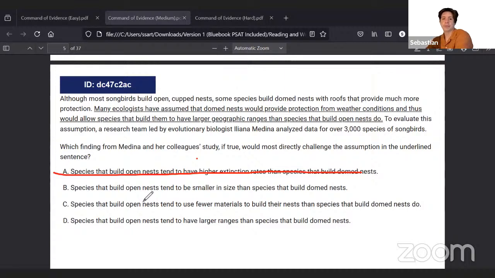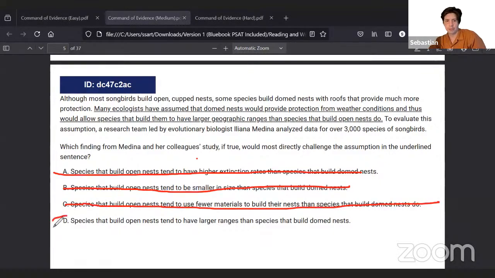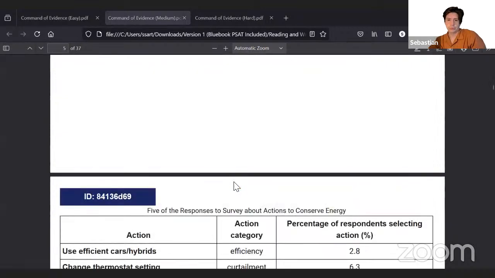Species that build open nests tend to be smaller. Again, size doesn't really matter. Species that build open nests tend to use fewer materials. Again, it's not about the materials, it's about the range. So we are left with D. Okay. On to the next one.